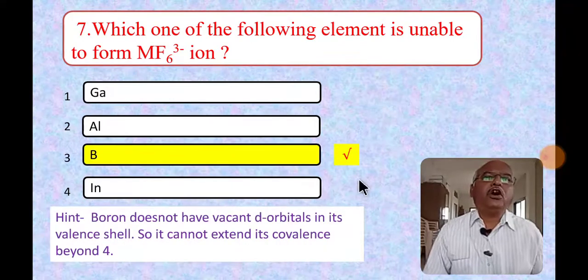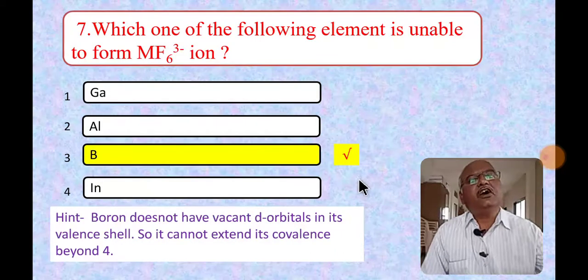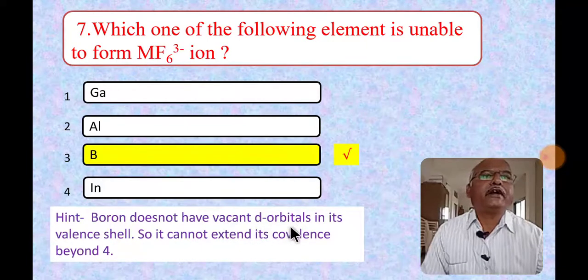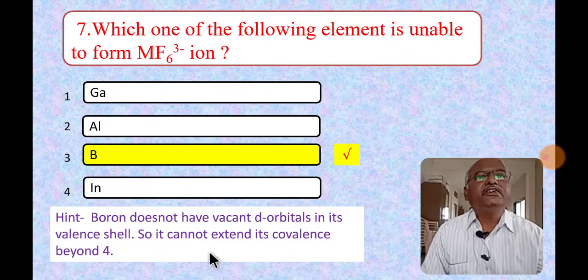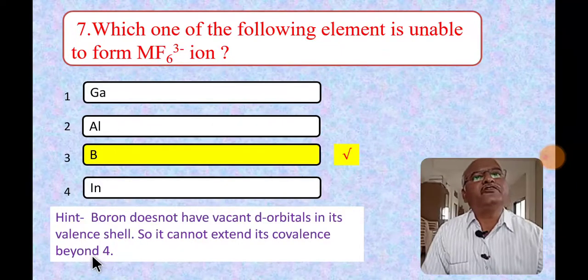Here boron is the answer. Third option is the correct option. The reason or hint is given at the bottom. Boron does not have vacant d orbital in its valence shell, so it cannot extend its covalence beyond 4.